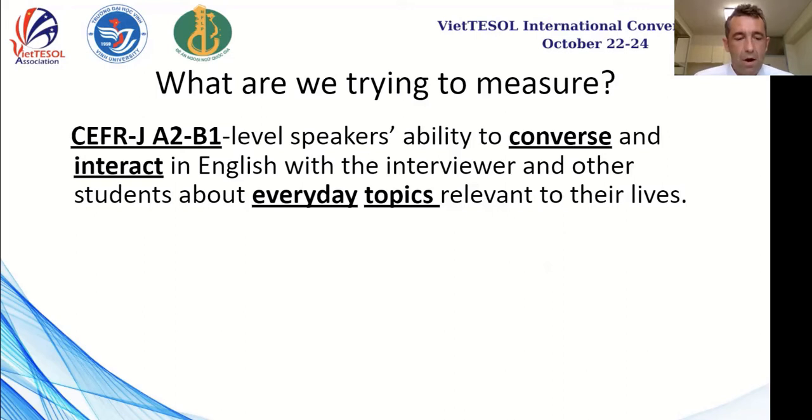As you will see, our constructs are partly based on CEFR ability levels, but we have also included findings from empirical research as well. I want to look at our mission statement with this test.